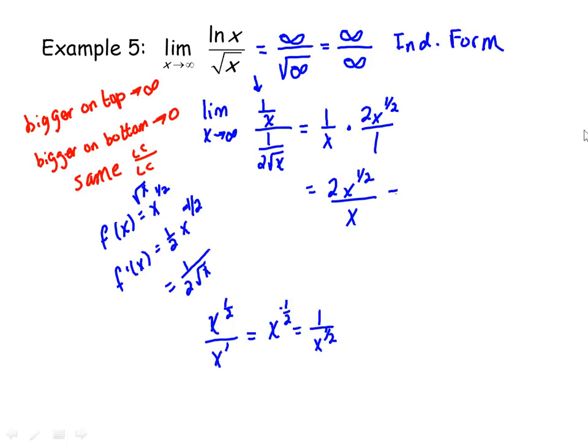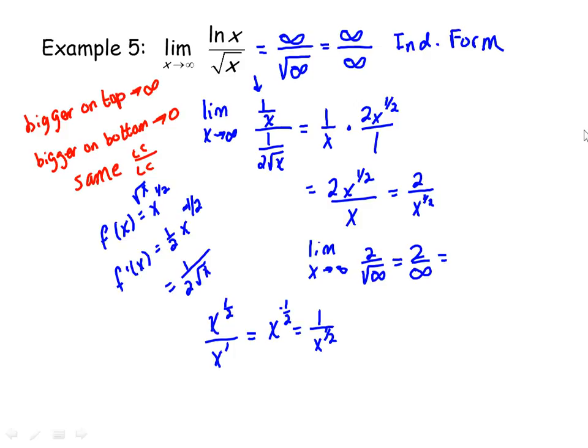So what we're going to have is 2 over x to the 1/2, right? Now watch. If we apply the limit as x approaches infinity of 2 over the square root of infinity, what are we going to get? 2 over infinity, which is what?